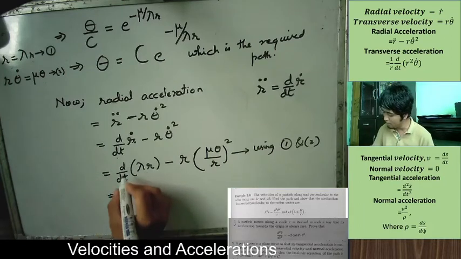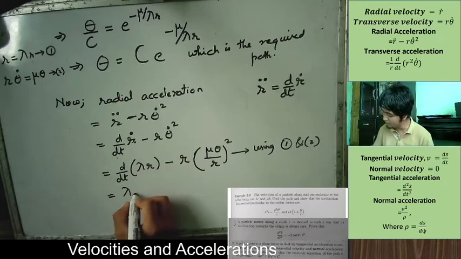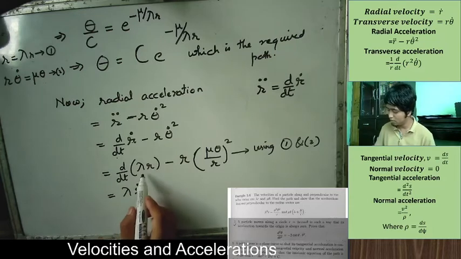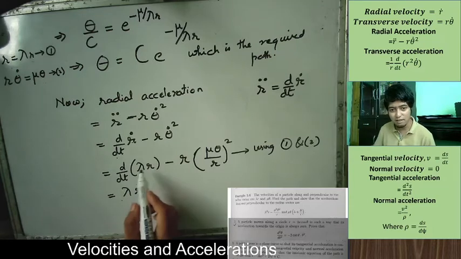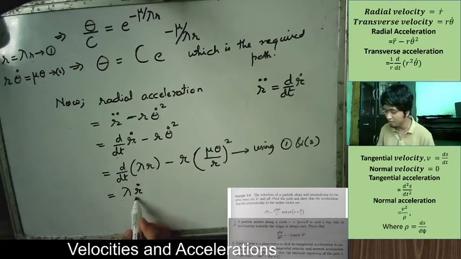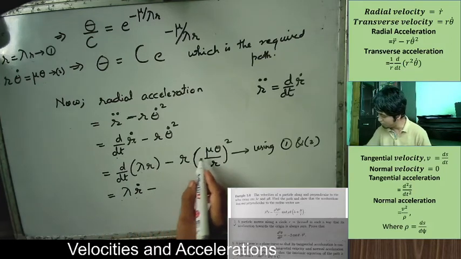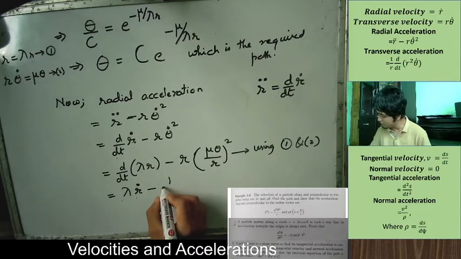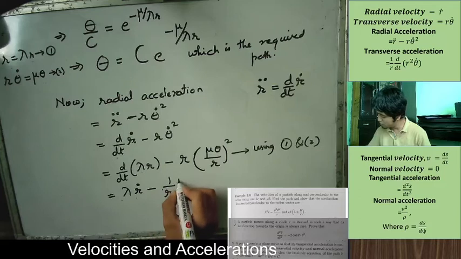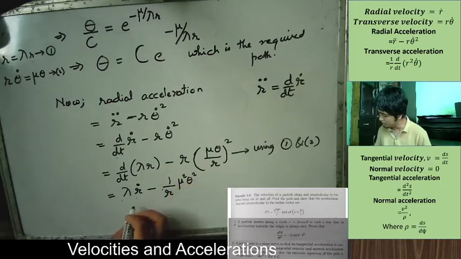dr/dt, so you will have r dot. Again, lambda is a constant, dr/dt will give you r dot. So this one will be r with r square, 1 by r, mu square theta square.